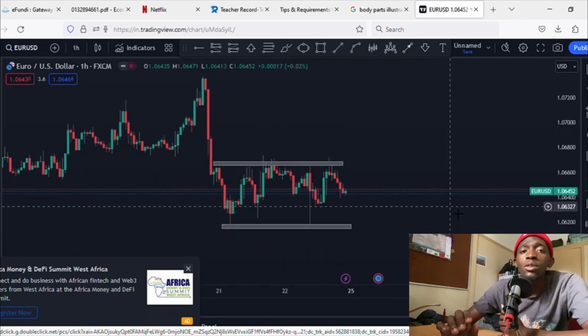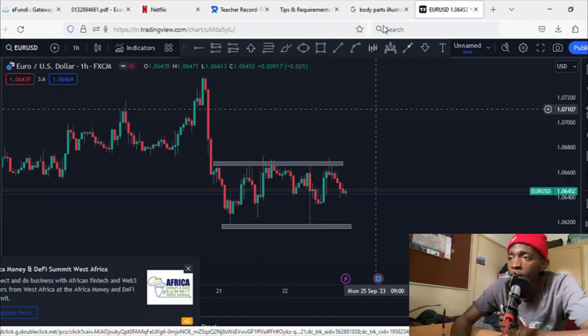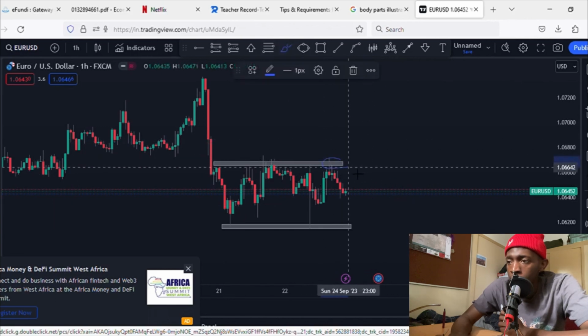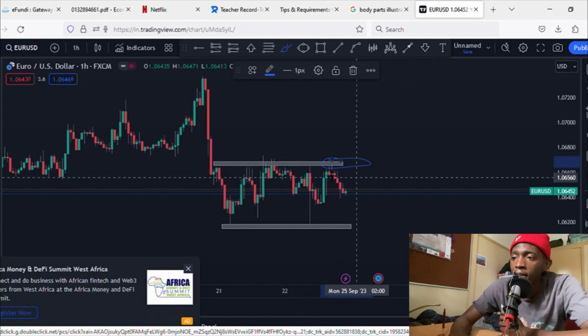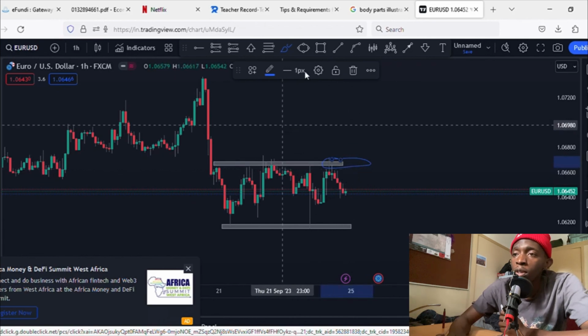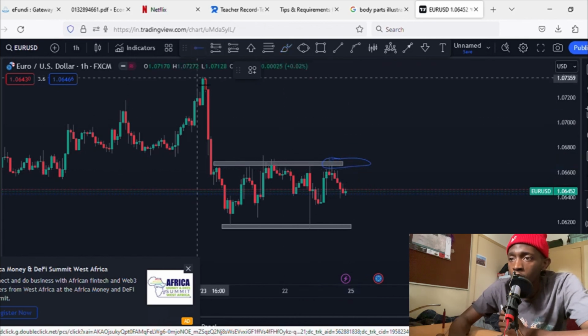So the only way to confirm that this is indeed the end of the downtrend and that the market will start going to the upside is if we break this area around here. So if we break these highs here, that's when we'll get a confirmation that the market will go to the upside. So this is the first target.